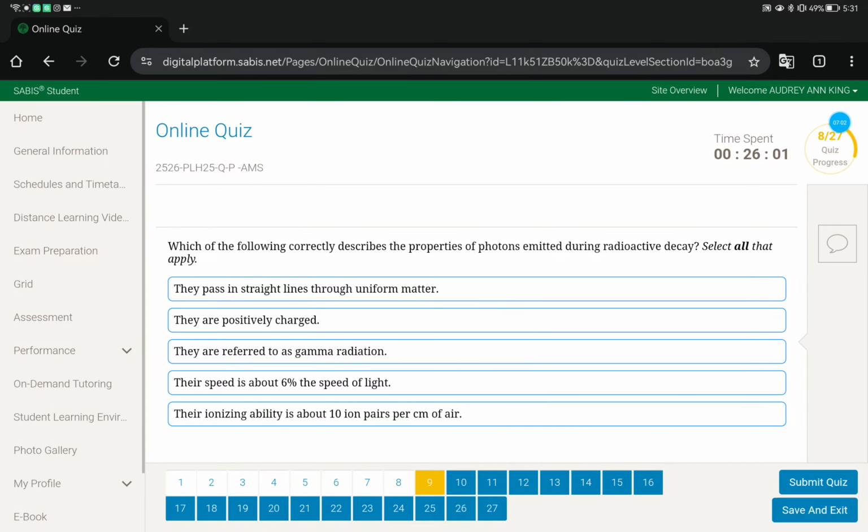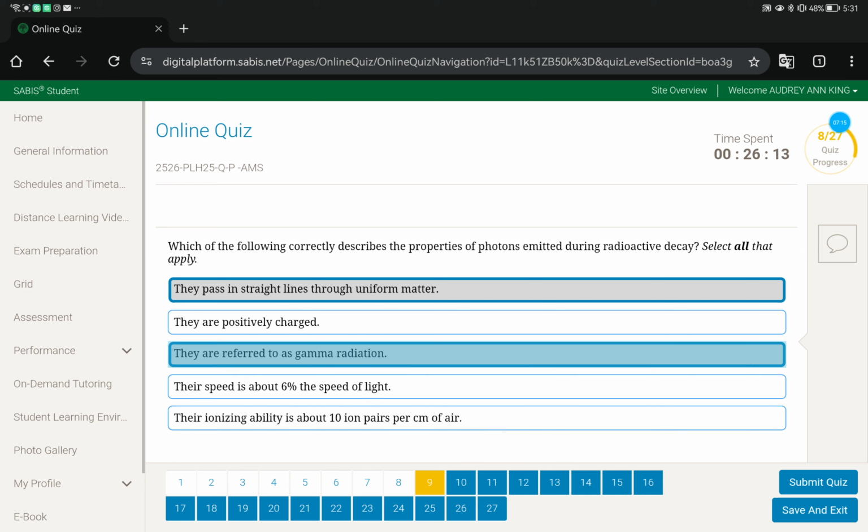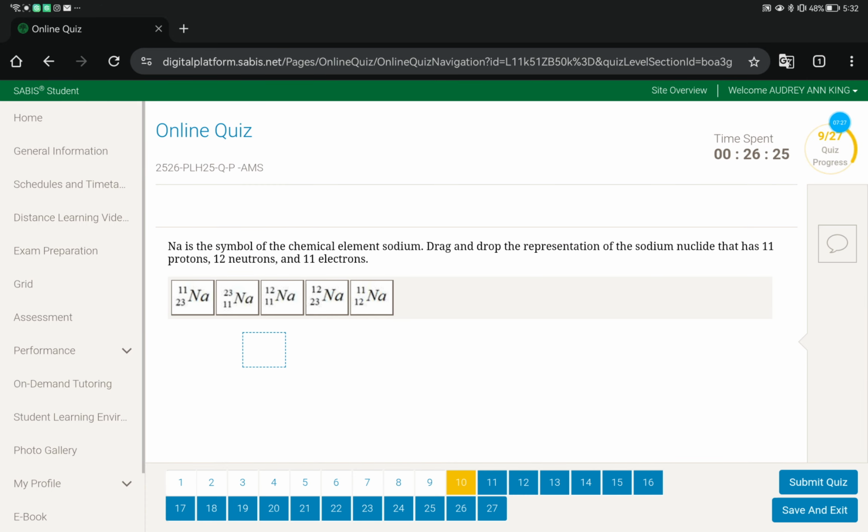They pass in a straight line through uniform matter. Yes, because that's why you can take an X-ray and see your bones. They are positively charged? No, they're neutrally charged. They're referred to as gamma radiation. Yes. Their speed is about 6% of light. No. And their ionizing ability is about 10 ion pairs per centimeter of air. Yes.